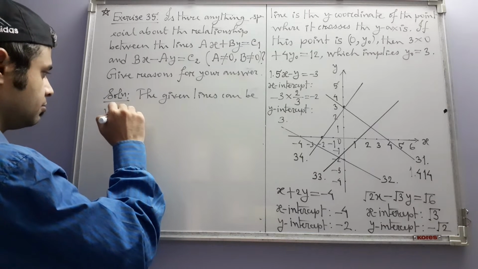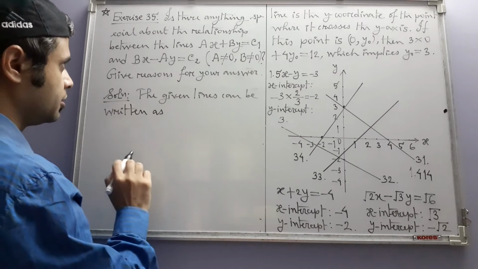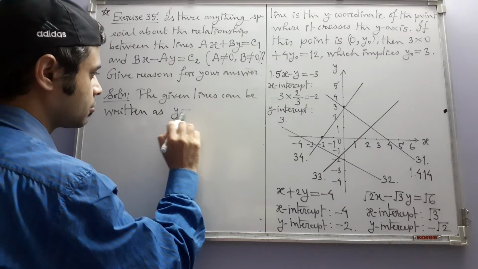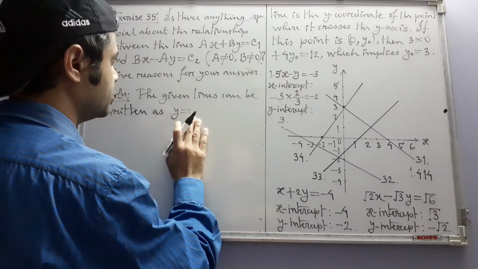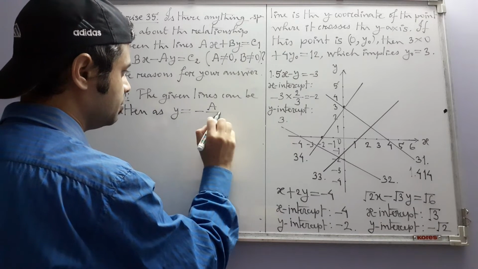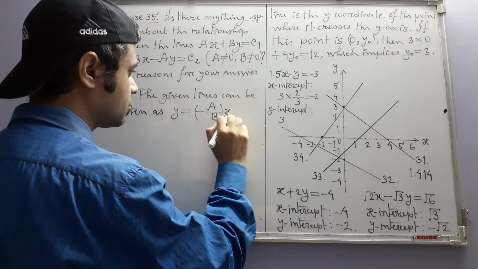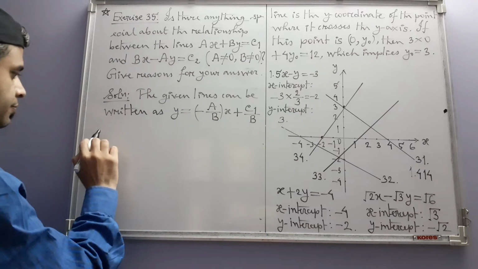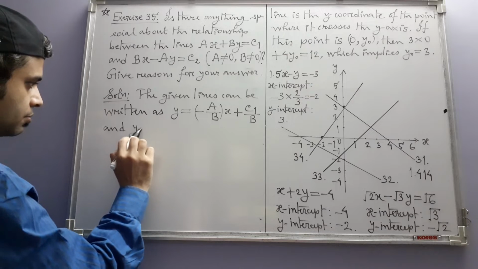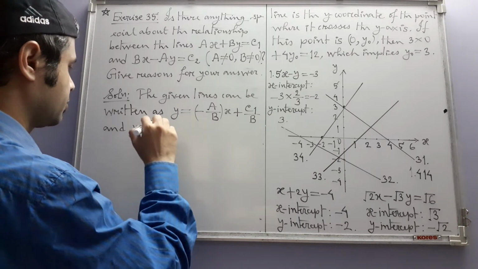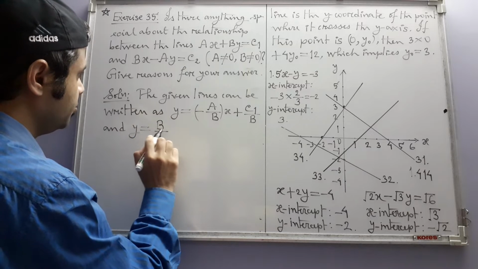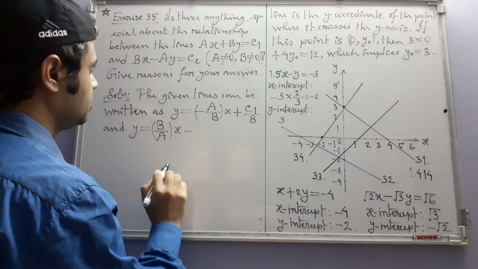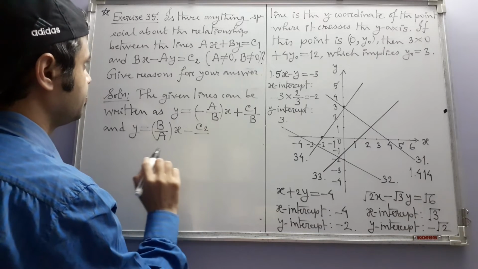The given lines can be written as this. Say the first one, that is, the equation can be rearranged like this: y equals minus a divided by b times x plus c1 divided by b, and the second one, y equals b divided by a times x minus c2 divided by a.